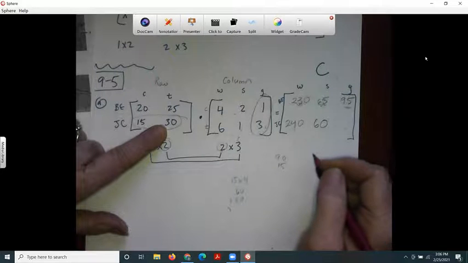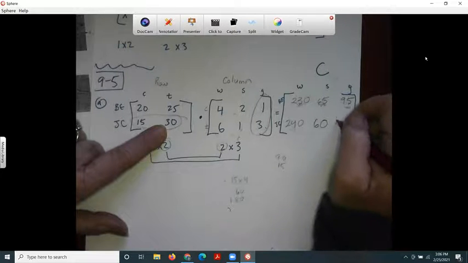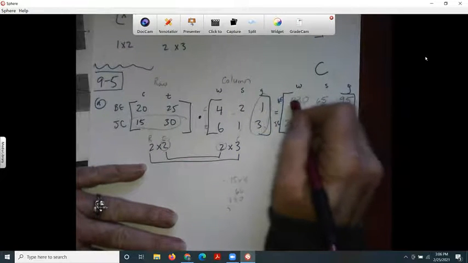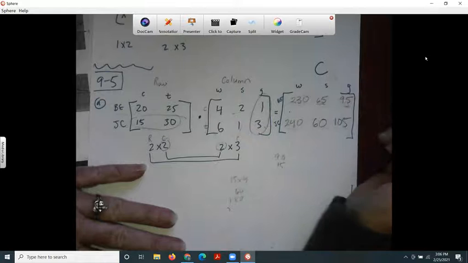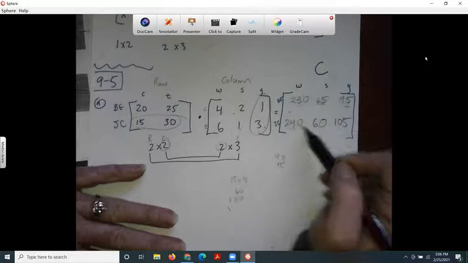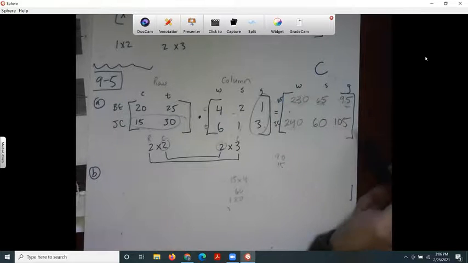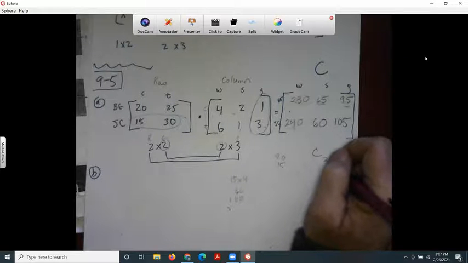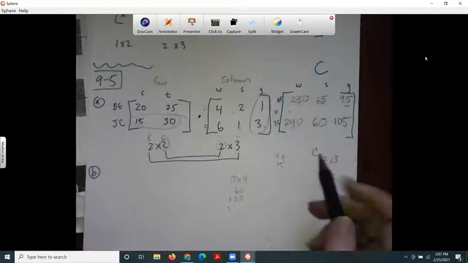Okay, so this is my product matrix. It's matrix C, and now in every little position in here I can get information. Your book wants to know what's the meaning of C2,3. The C stands for matrix C, the 2 is the row, and the 3 is the column.